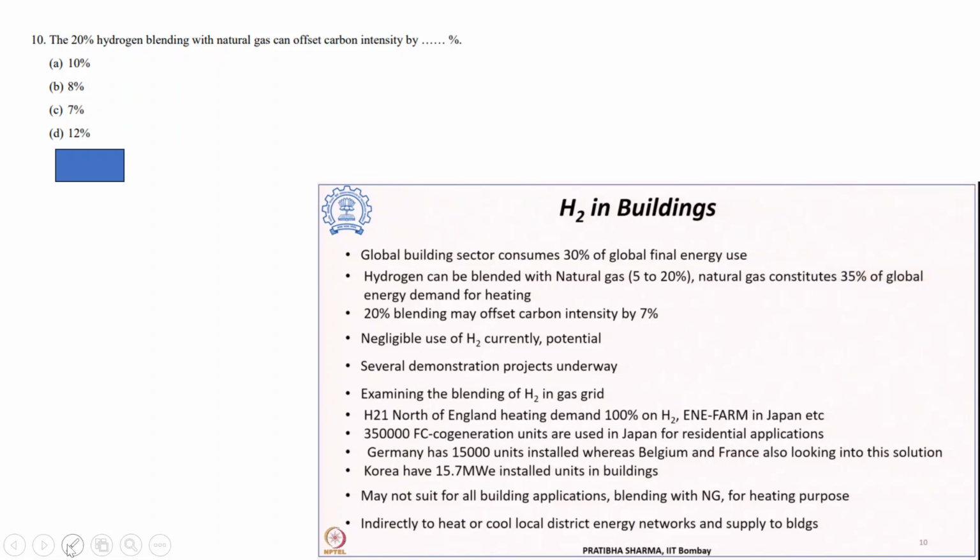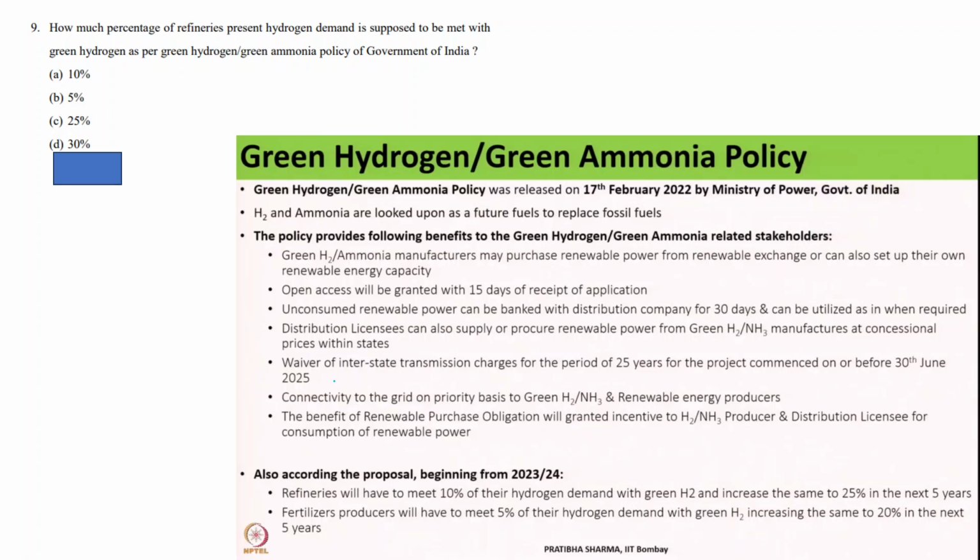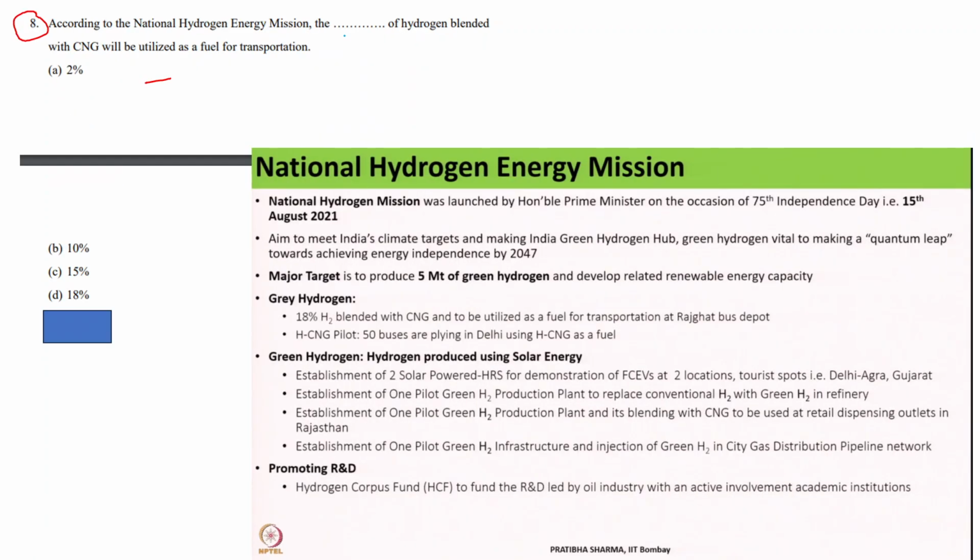The question number. Question number 9. How much percentage of refineries present hydrogen demand? Sorry, question number 8, please. Okay. Question number 8.